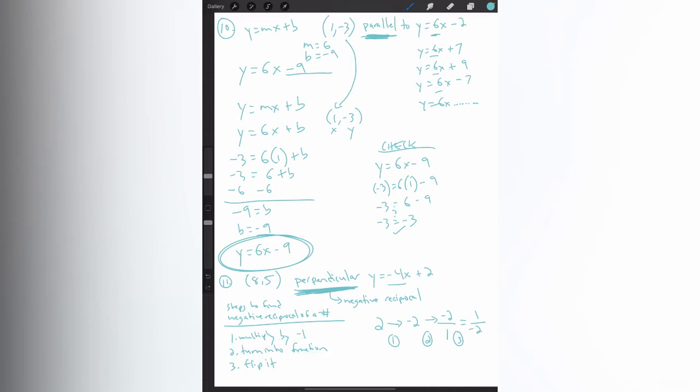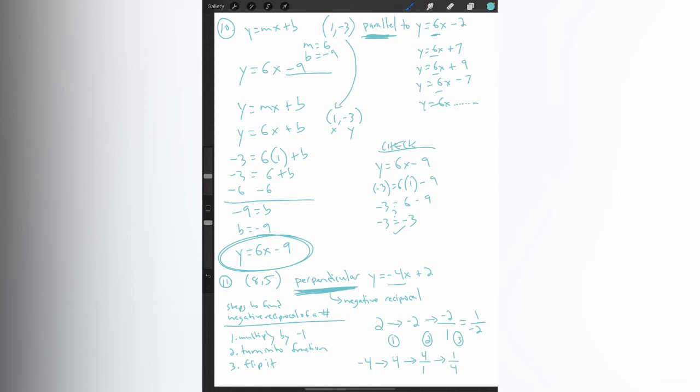So in our problem, we have y is equal to negative 4x plus 2. So I'm going to follow those same steps, right? I start with negative 4. I'm going to multiply by negative 1, which gives me 4. I'm going to turn it into a fraction, which is 4 over 1. And then I'm going to flip it, which gives me 1 over 4.